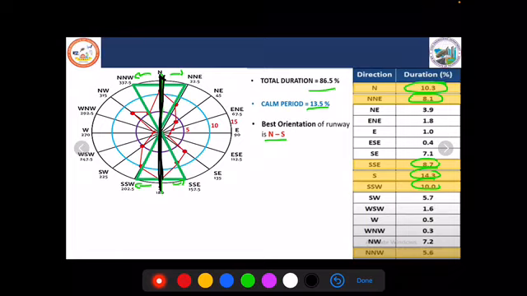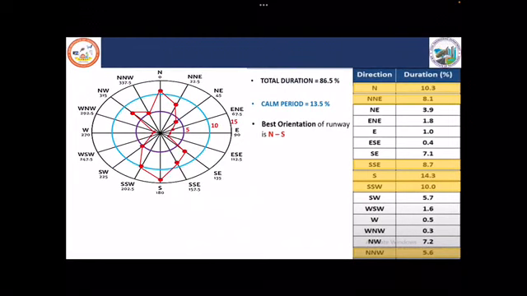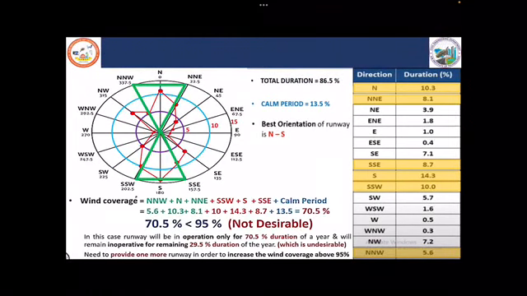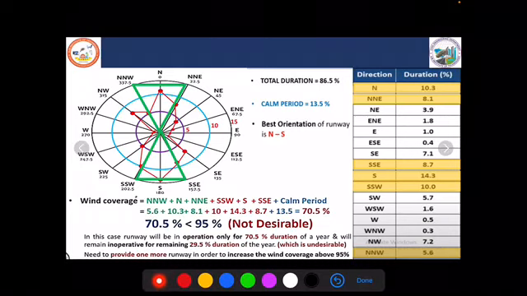Now we have to determine the total wind coverage if I locate the runway in the north-south direction. For that purpose, I'll consider the wind coverage from the north direction, from the north-northeast direction, then the south-southeast direction, the south and south-southwest, and then north-northwest.